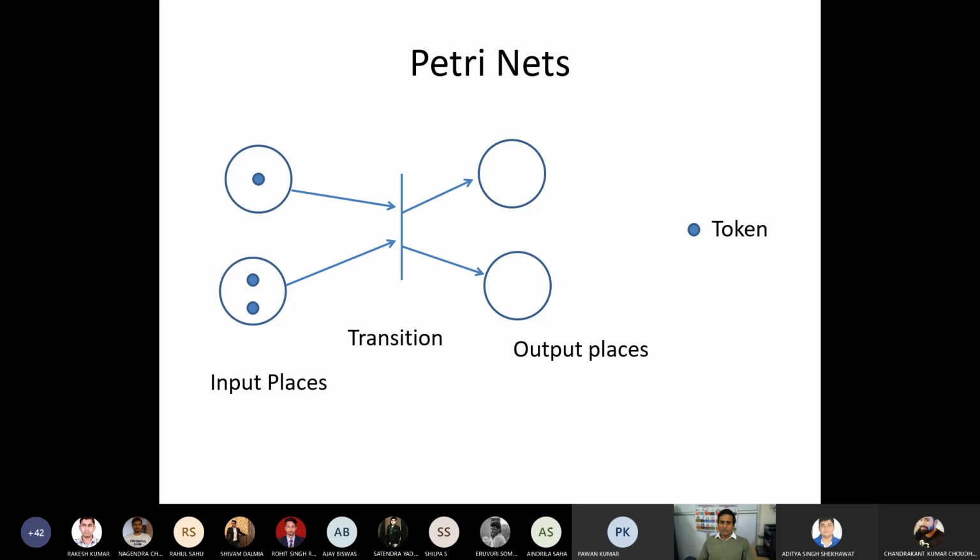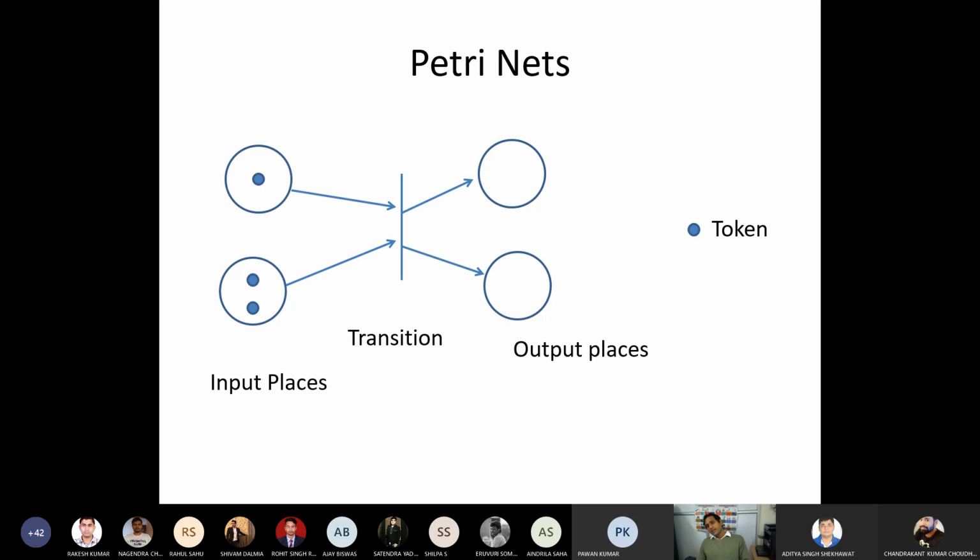As of now you can understand that the input places will have some tokens, and only then can it fire a transition; otherwise it cannot. After firing the transition, some tokens will be removed from the input places and added into the output places.